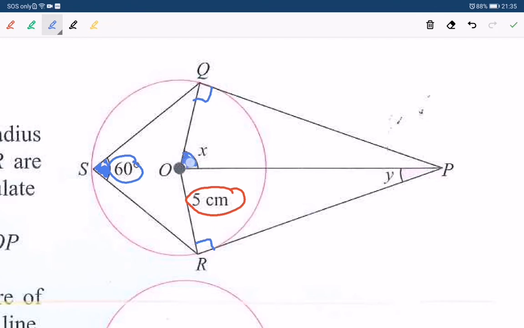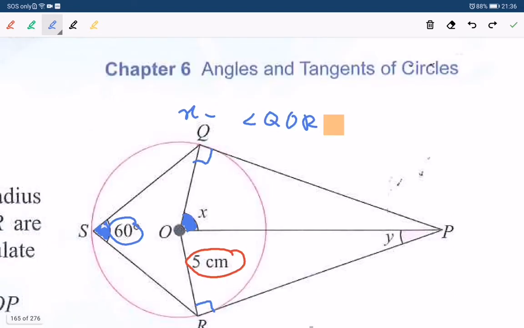The strategy is we want to find X. So that means we need to find the angle of QOR. Why QOR? So X equals angle QOR, not minus, divided by 2.